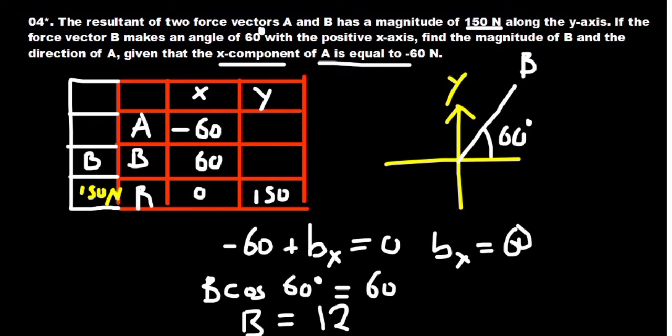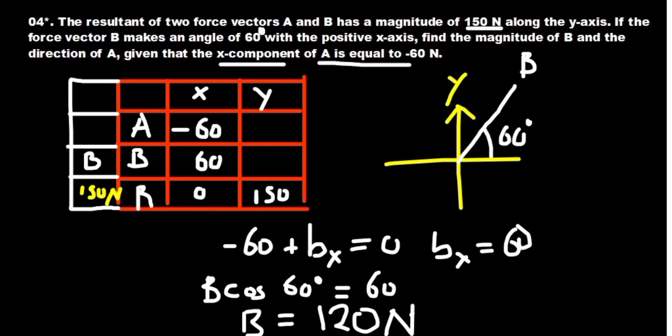So you've already answered the first part of the question, which says find the magnitude. Remember, we mentioned in the first 3 questions that we find the x component by multiplying the magnitude by cosine of the angle. So we used the relationship of the components to find 60, then used the relation of the vector itself, resolving it into its components.